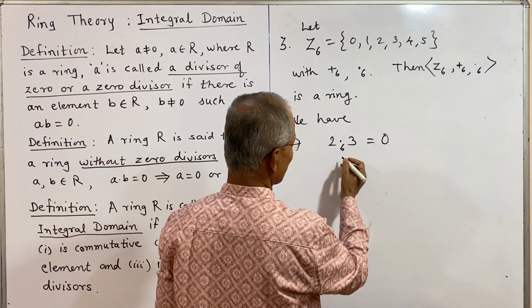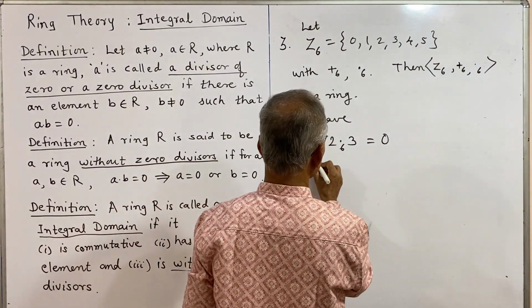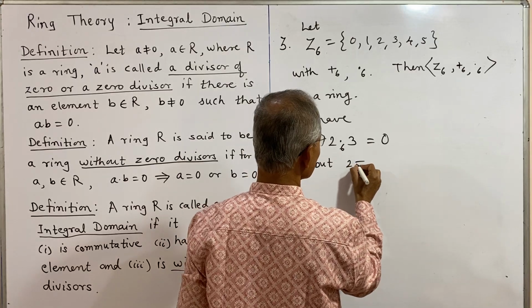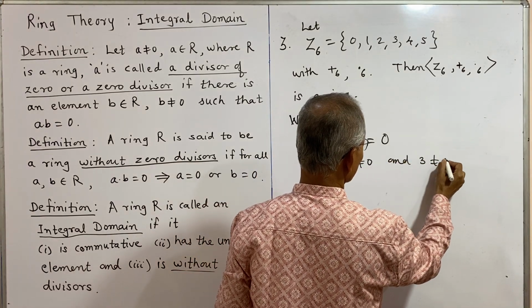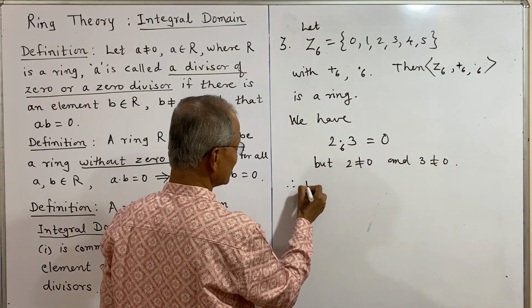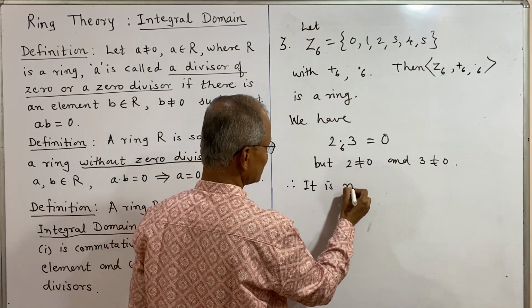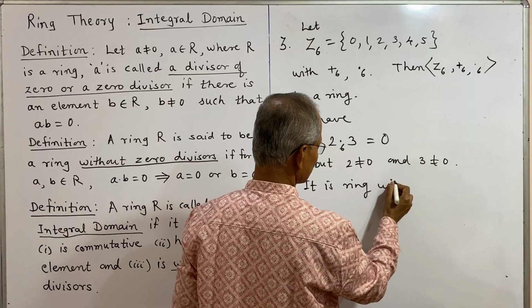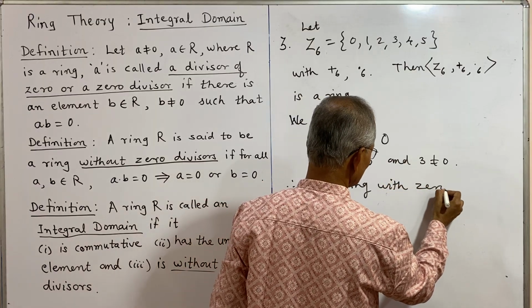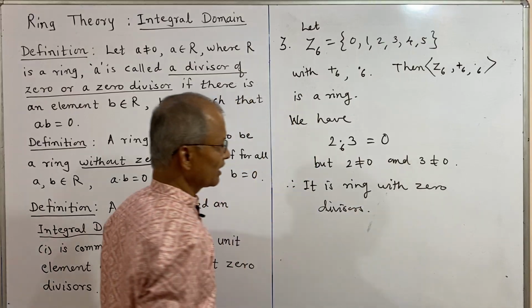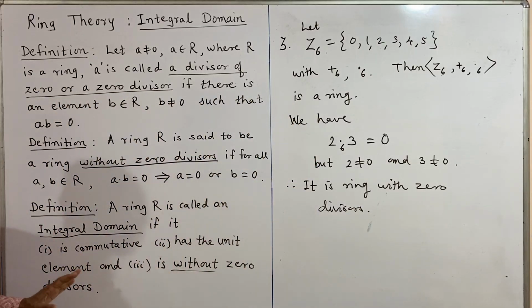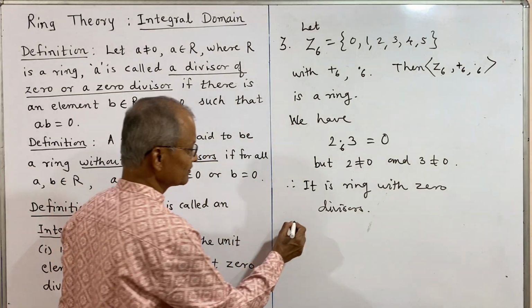But 2 is not equal to 0 and 3 is not equal to 0. So therefore it is a ring with 0 divisors, and therefore it is not an integral domain.